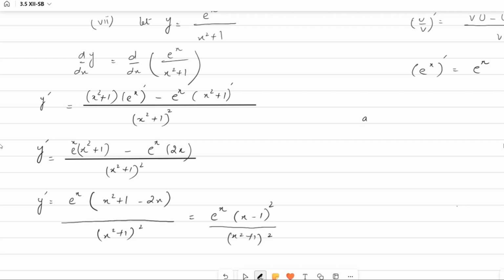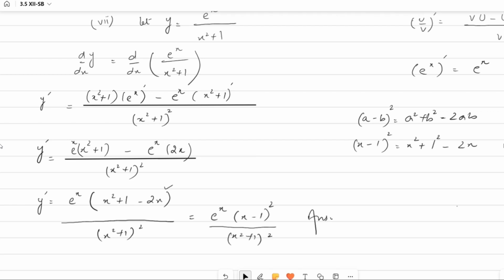We know that (a minus b) whole square is equal to a square plus b square minus 2ab. Same, (x minus 1) whole square is equal to x square plus 1 minus 2x. So this is the open form, and we can close it as (x minus 1) whole square. I hope you have understood this question as well.